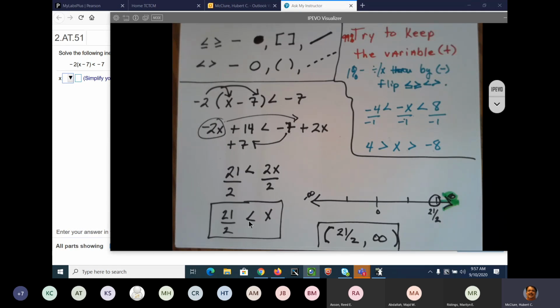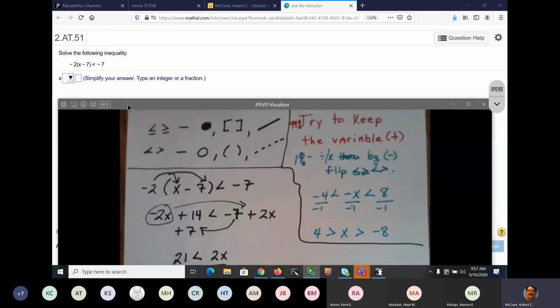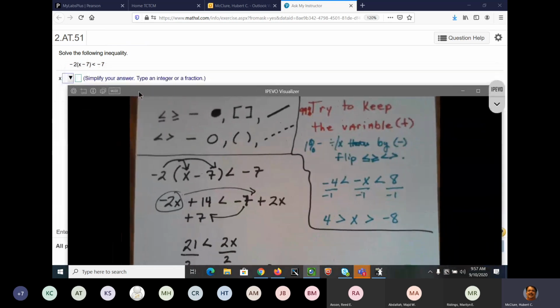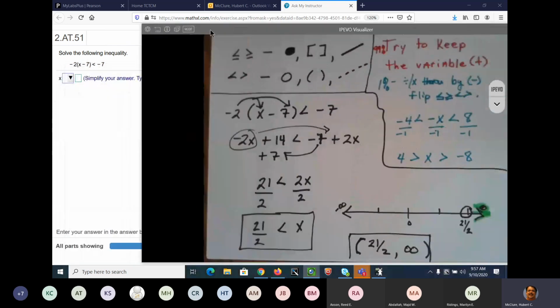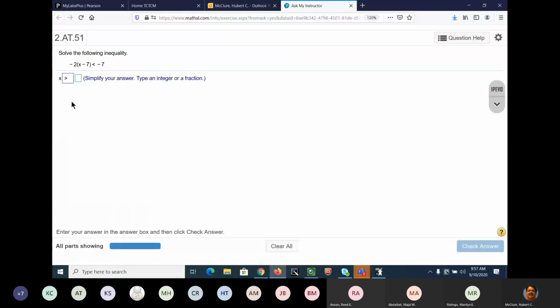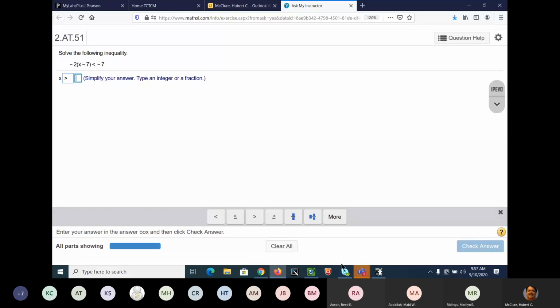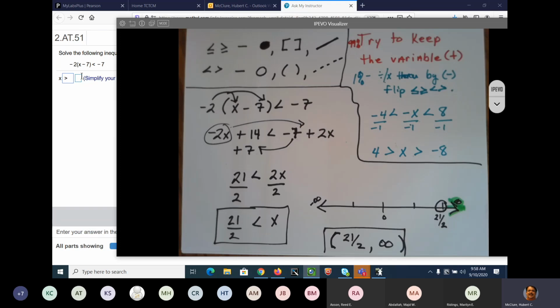That's the solution set. That's how you graph it. And that is interval notation. So it says over here, solve the inequality. X is greater than, hold on, where's my drawing? Greater than 21 halves.